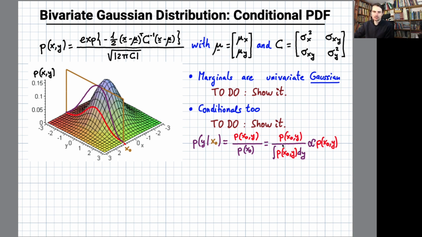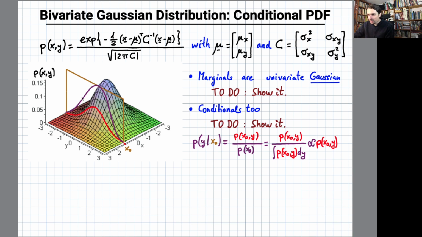So again, it's the constant that we need to put here so that the resulting expression integrates to 1, right? So the effect of scaling by this constant is that this red curve becomes scaled so that the area underneath equals 1, right?